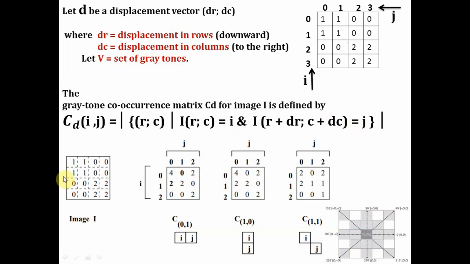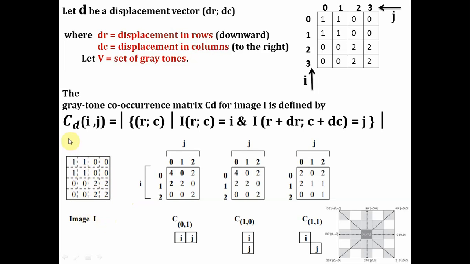Now, suppose you have an example like this. You have an image made up of this pattern: 1100, 1100. This is the pattern of intensity values, and this is the input image.